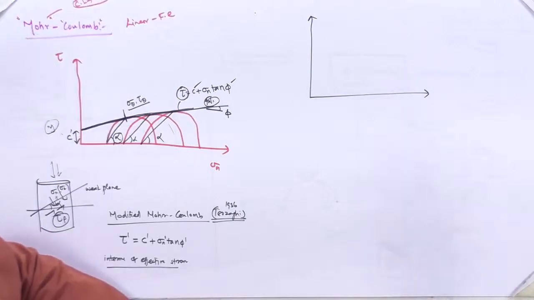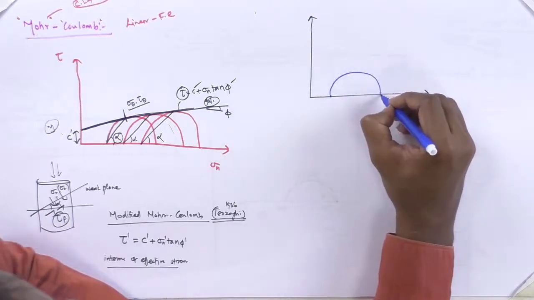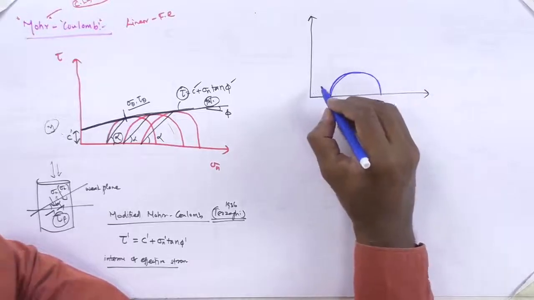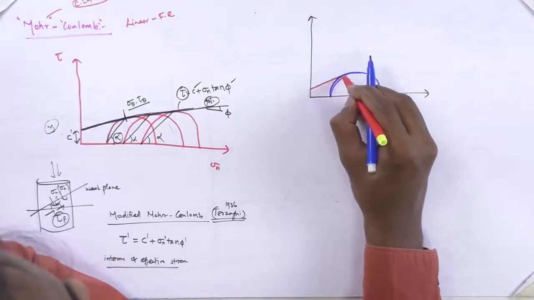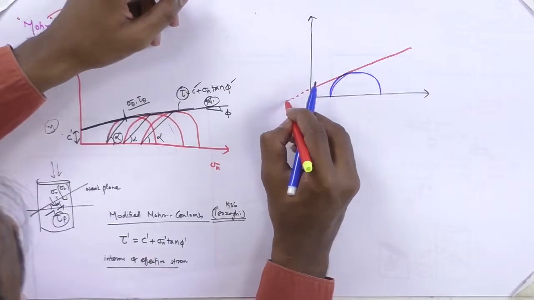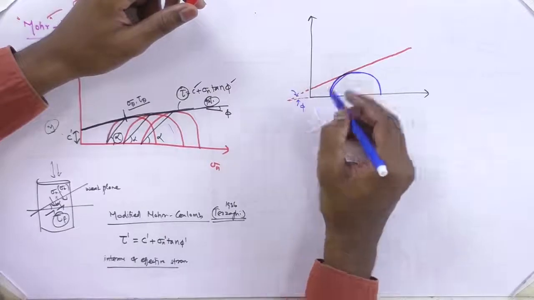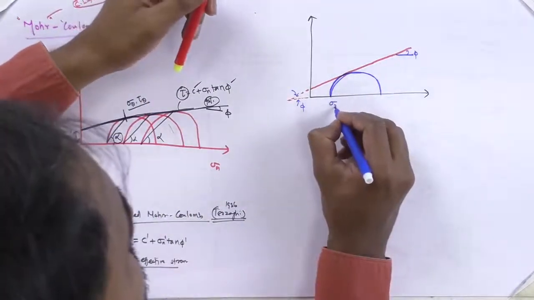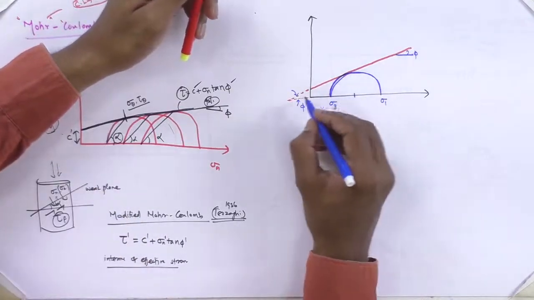So here, let me draw a circle like this, and this tau value is going to be, when I extend here, this is the phi value, and that is also going to be a phi value. This is sigma 3, this is sigma 1, and this is the center of the circle.